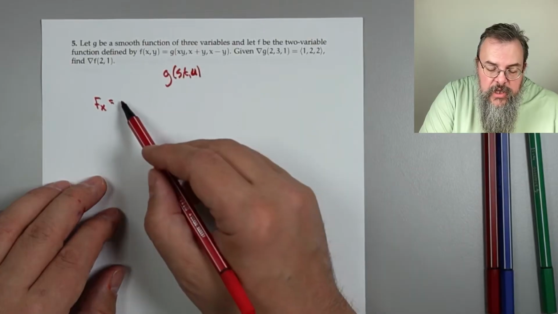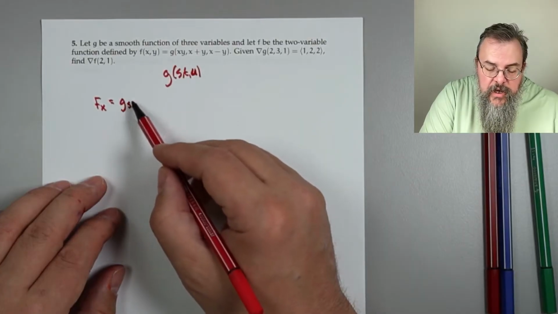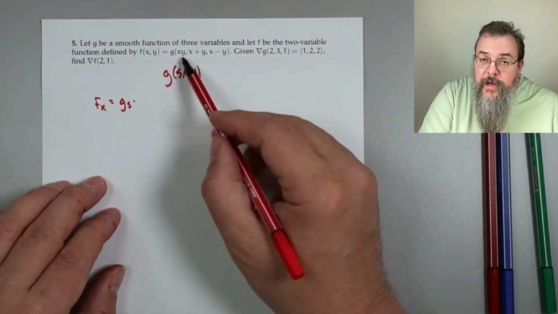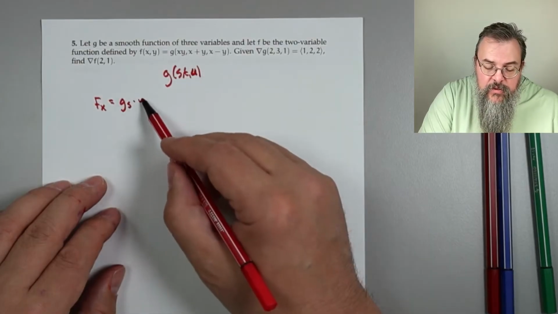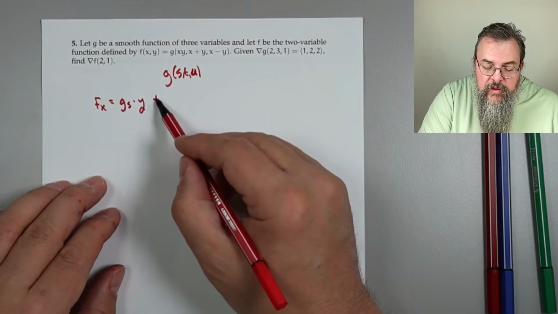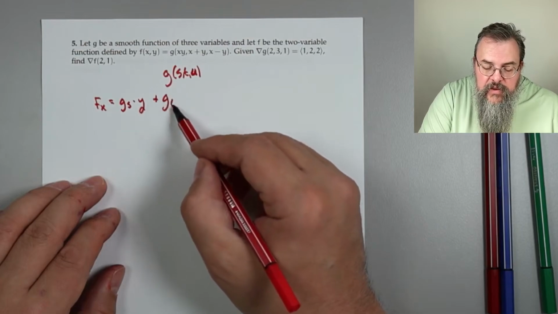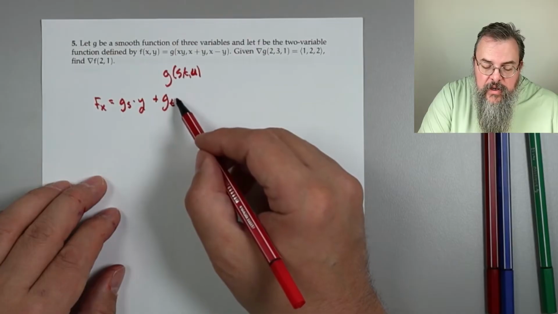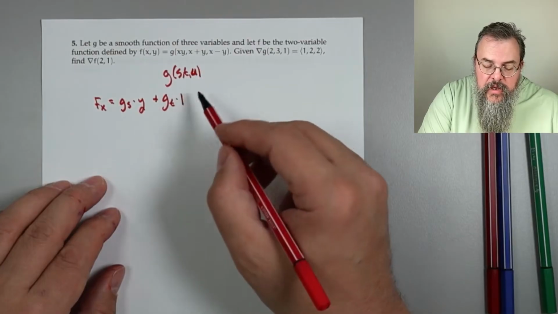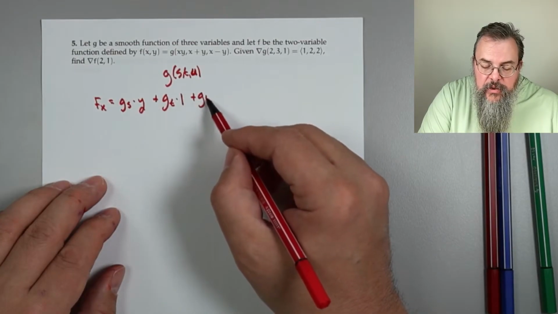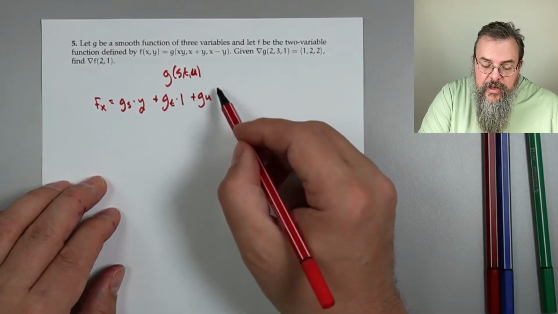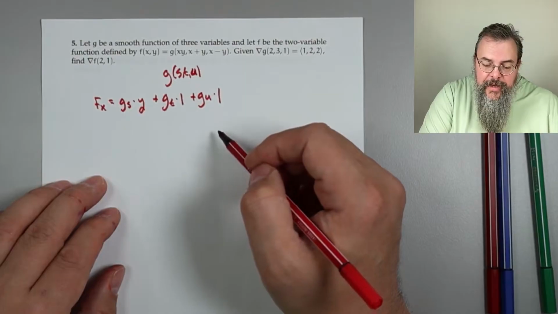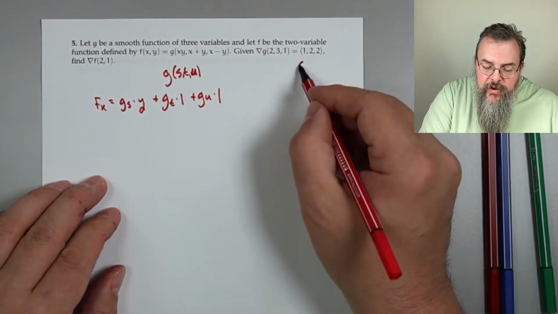So it'd be g sub the first slot, times the derivative of the first slot with respect to x, which is y, plus g sub the second slot times the derivative of the second slot with respect to x, which is 1, plus g sub the third slot times the derivative of the third slot with respect to x, which is 1.